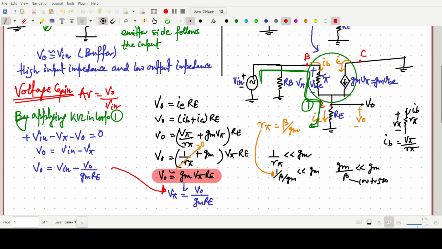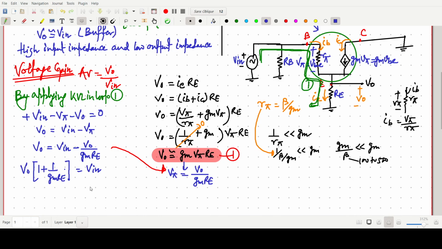From this equation, call it equation number 1, or anything. Now V naught and V in are the two terms, so V naught can be written as (1 plus 1 by gm RE) times... gm RE equals V in.